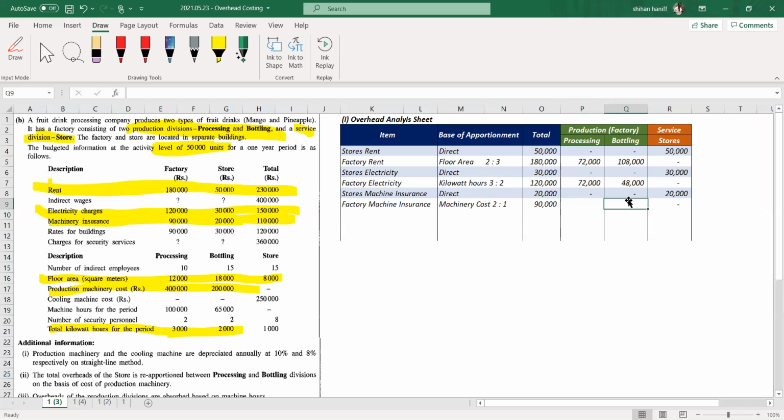Tell me how much is for processing and bottling. 2:1, so 90,000 divided by 3 into 2 is 60,000, and 90,000 divided by 3 into 1 is 30,000. So 60,000 and 30,000.